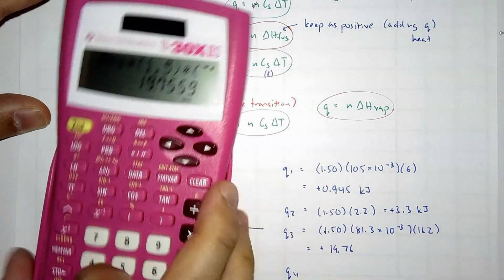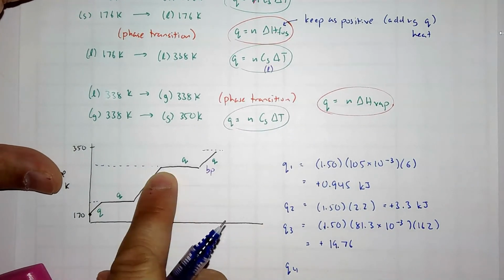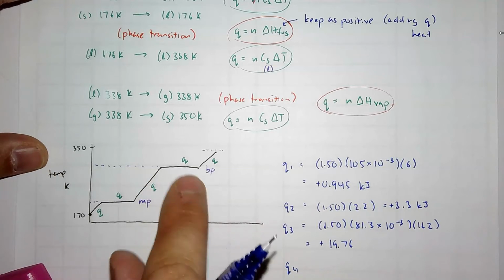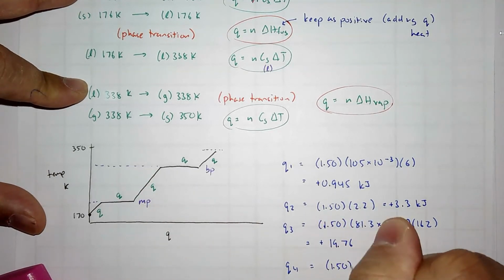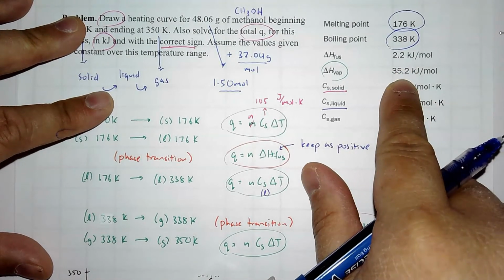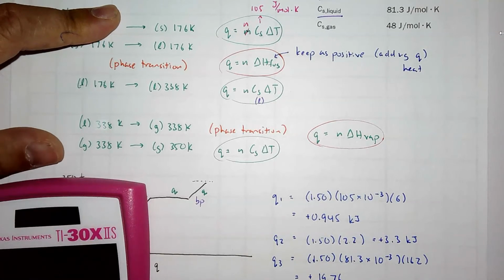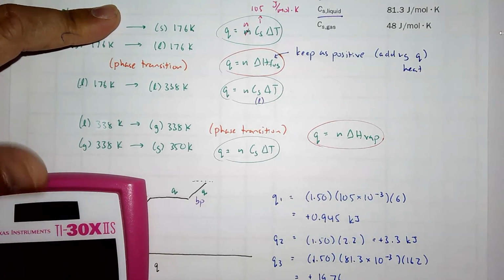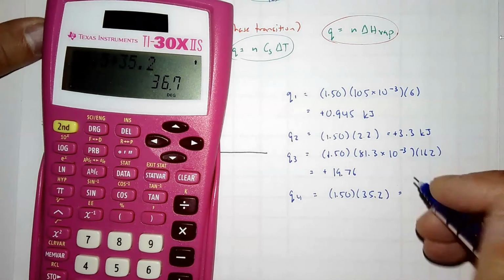Q4. We are at this point in the heating curve. No change in temperature, but we are changing from liquid to gas. 1.50 for number of moles, and we're using the heat of vaporization, liquid to gas, 35.2. No change in temperature. 1.5 plus 35.2, 36.7.